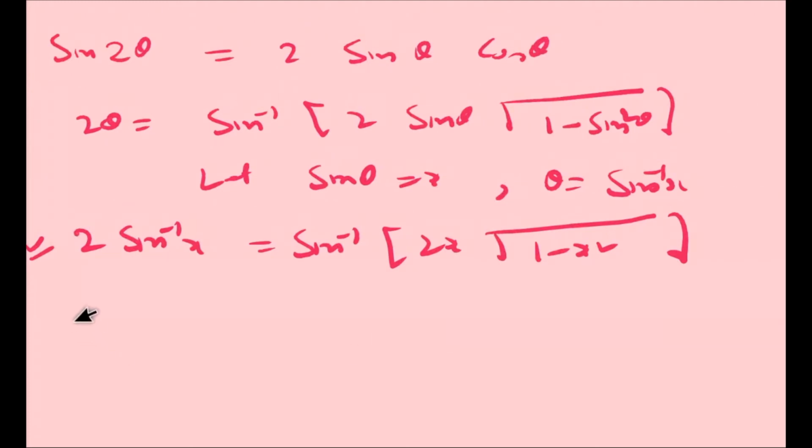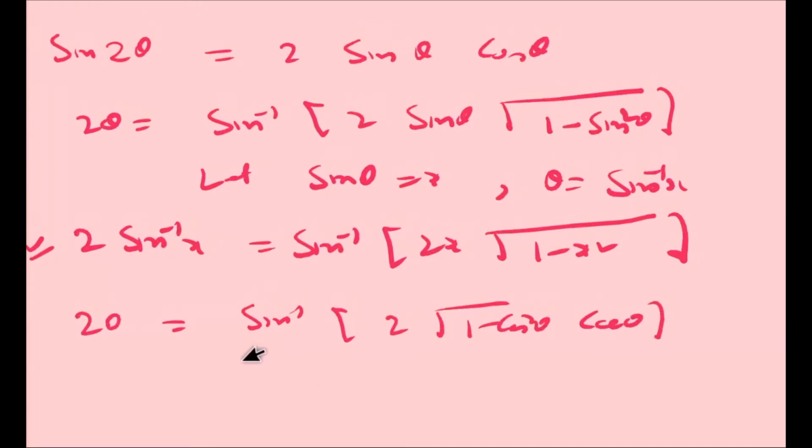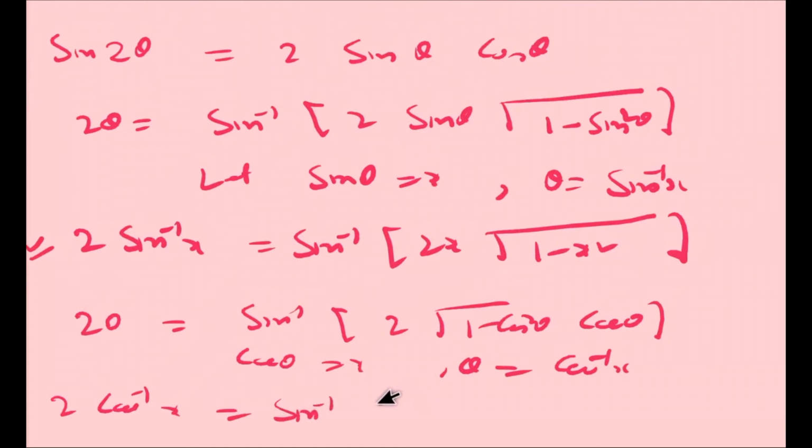Now what happens if we use 2 theta this way? Sine inverse of 2 under root 1 minus cos square theta into cos theta. We say cos theta equals x, theta equals cos inverse x. Then this formula will be 2 cos inverse x equals sine inverse of 2 under root 1 minus x square into x.